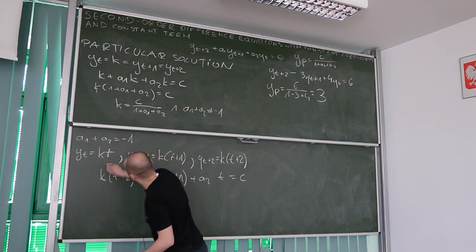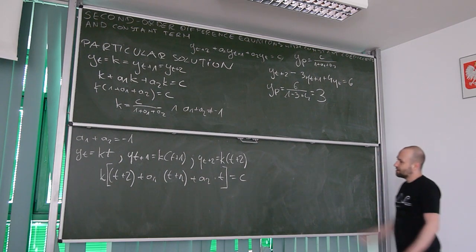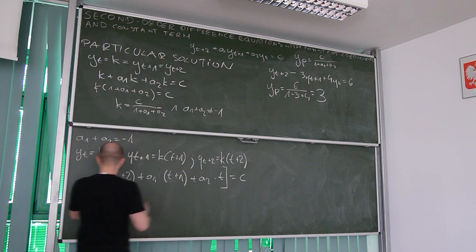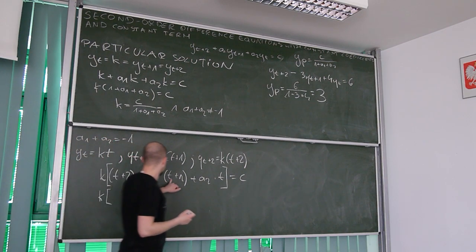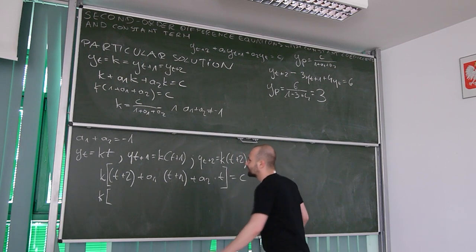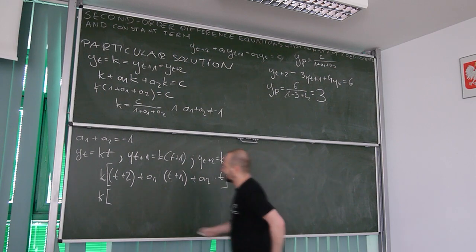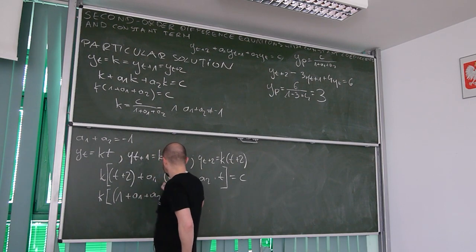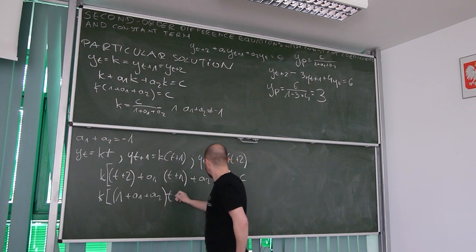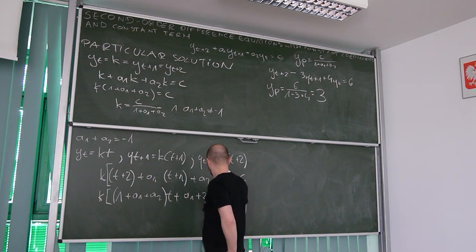So let's factor out k, and then we just need to multiply everything out inside the brackets. But look, we can notice another thing: t appears three times. So let's put all expressions next to t in parentheses. And we get that this is (1 + a1 + a2)t, and now we have plus a1 plus 2.